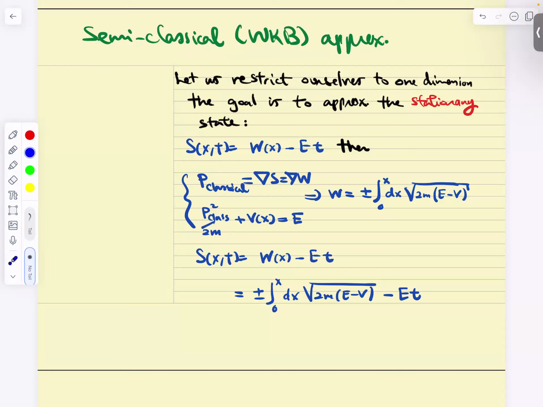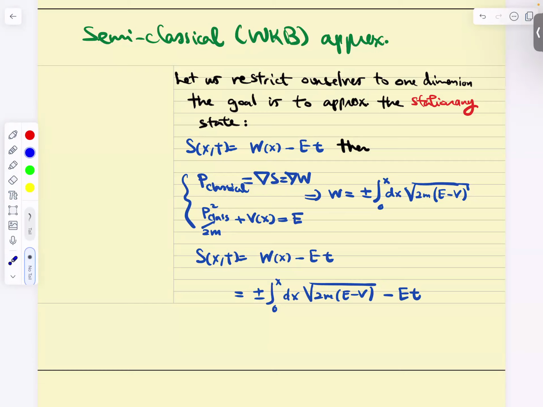We said that for energy eigenkets, we could split the action into W of x, Hamilton's characteristic function, minus ET, right? We also saw that the gradient of S naturally had the interpretation of classical momentum. Remember that bit? For a wave, we saw that.